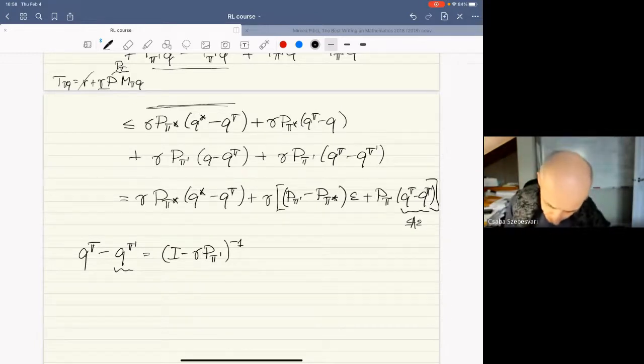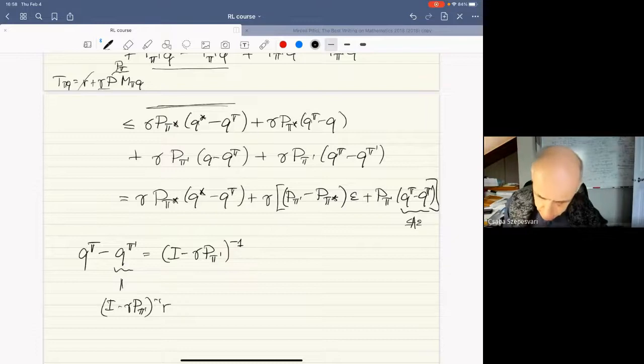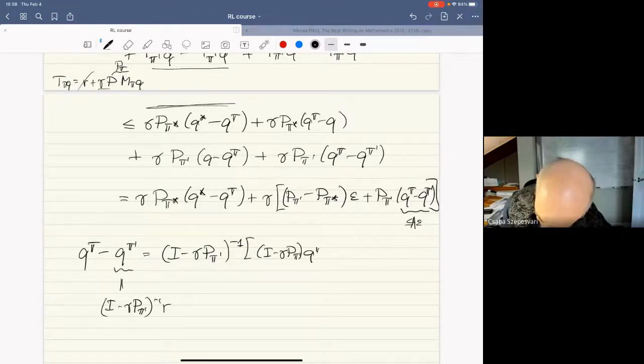And as such, this is equal to I minus gamma P of pi prime, inverse applied to r. So I'm just going to use this.